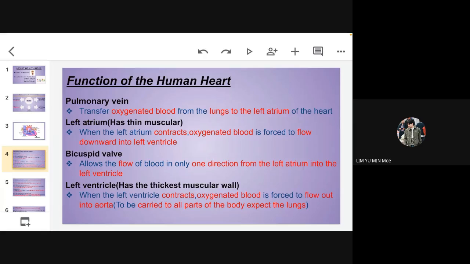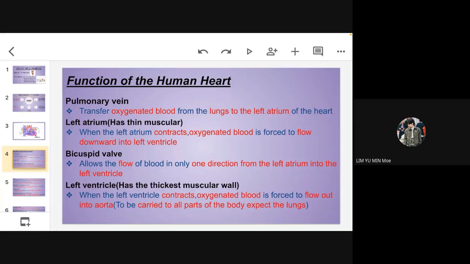It has a thin muscular wall, and when it contracts, oxygenated blood is forced to flow downwards into the left ventricle. After that is the bicuspid valve, and it allows the flow of blood in only one direction from the left atrium into the left ventricle.